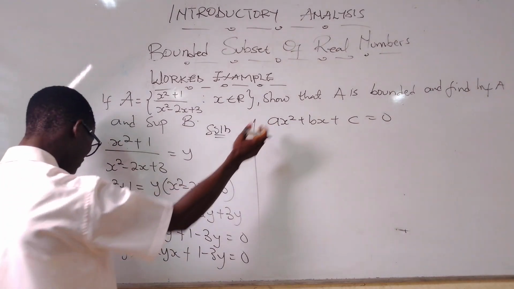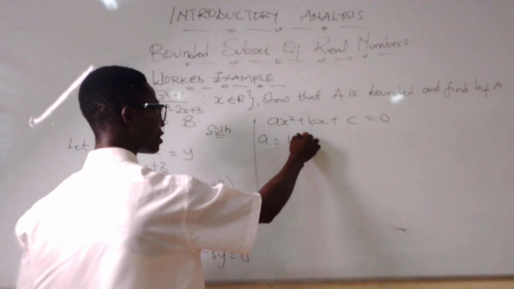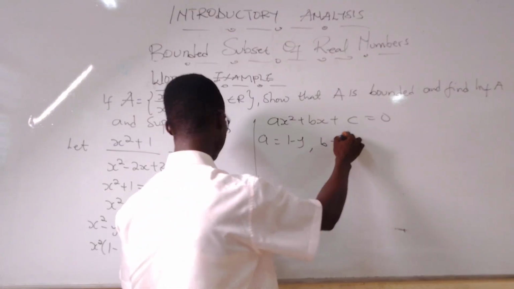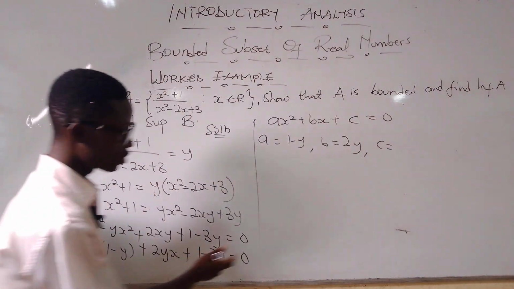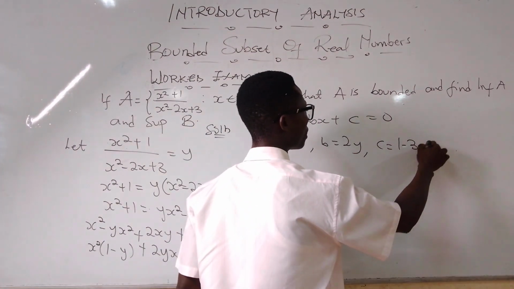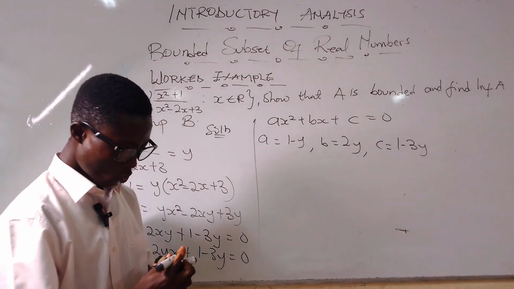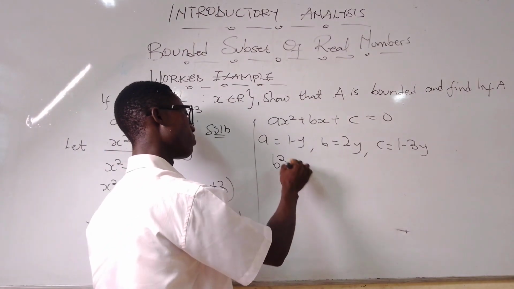Looking at this, you can see that our a is equal to 1 minus y, our b is equal to 2y, and our c is equal to 1 minus 3y. And how can you solve this one? We need to think of the discriminant, which is b squared minus 4ac.